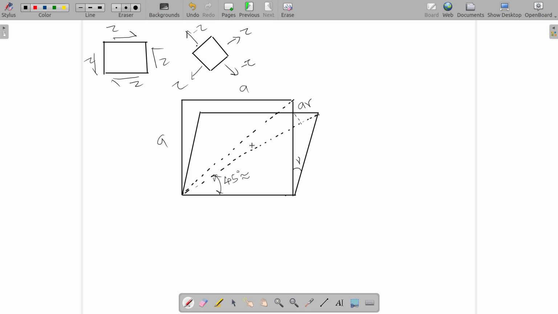So in this direction, the linear strain can be called epsilon 45 degree, linear strain in this direction.